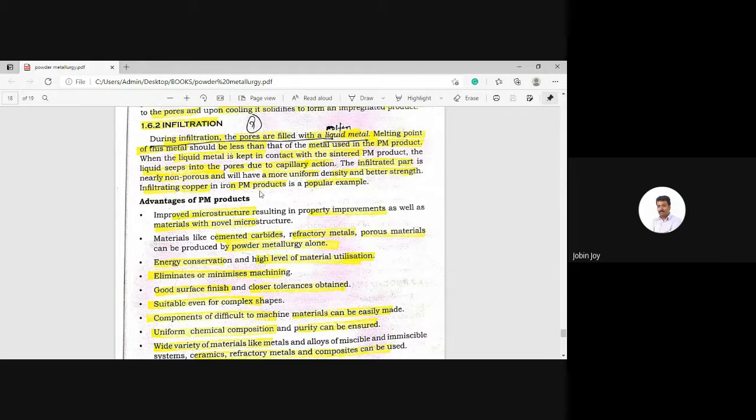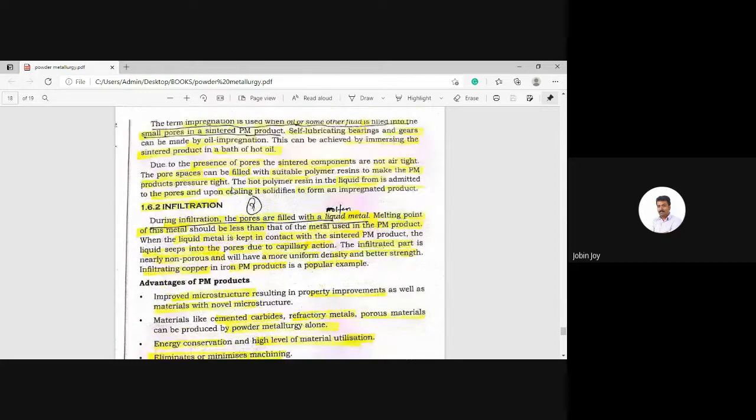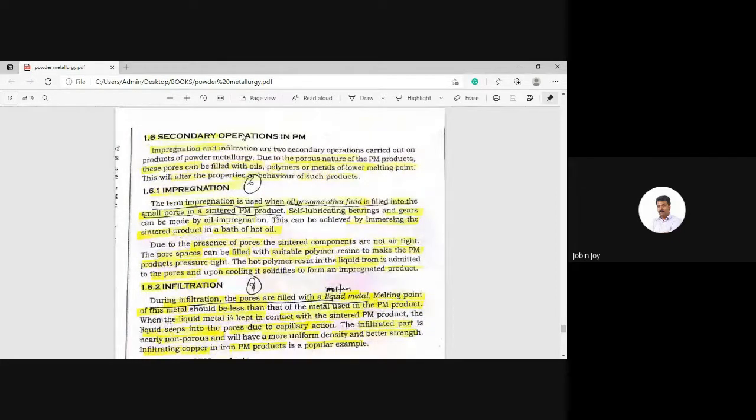Infiltrating copper in iron powder metallurgy products is a common example. So that is impregnation and infiltration.